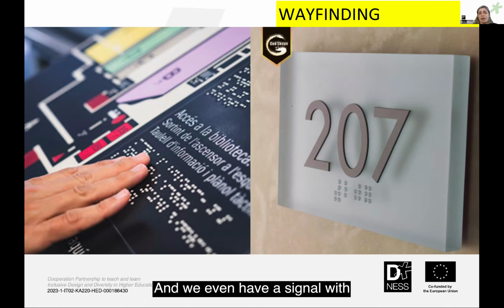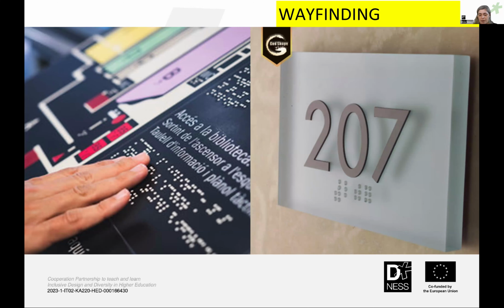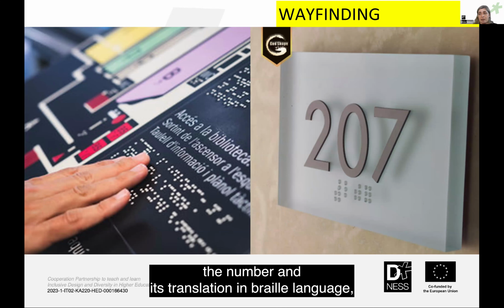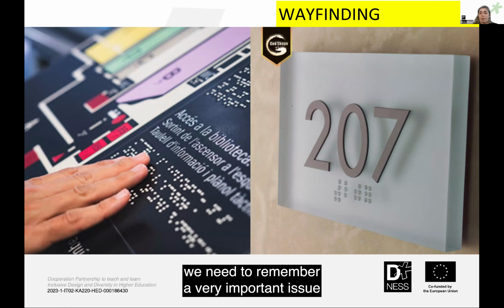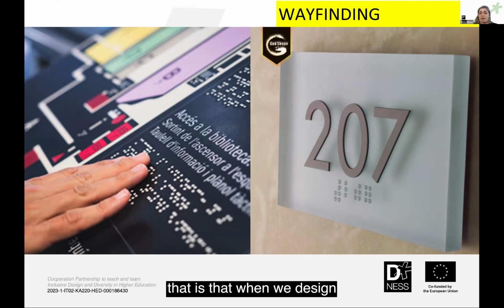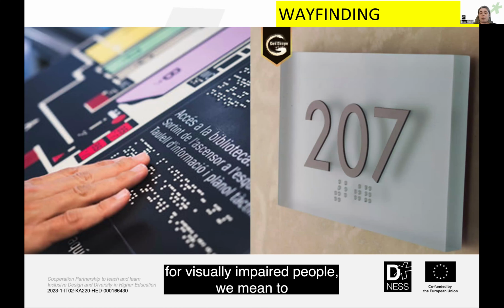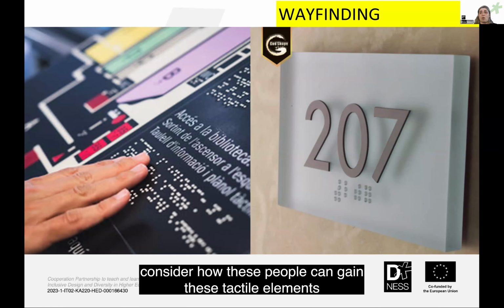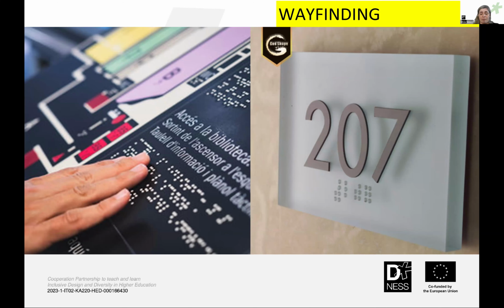And we even have a sign with a number and its translation in Braille. We need to remember a very important issue: when we design for visually impaired people, we need to consider how these people can find these tactile elements without seeing them.